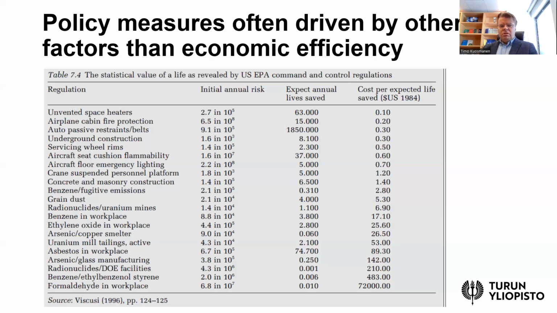But then there are also some extremely costly measures. So I do not know how reliable these estimates might be. But for example, according to this study, the last one is formaldehyde in the workplace. So the expected impact in terms of lives saved, according to this study, is rather minimal, but it has a huge cost.